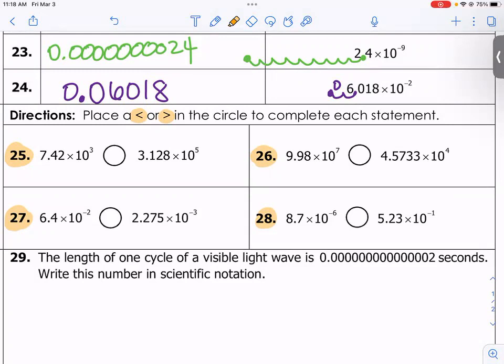What do you mean circle? No, I mean, circle greater than or less than. You do a less than symbol. So 5's greater than. Mm-hmm. Okay. Wait, which one's greater than all the other ones? This is greater, greater, greater.